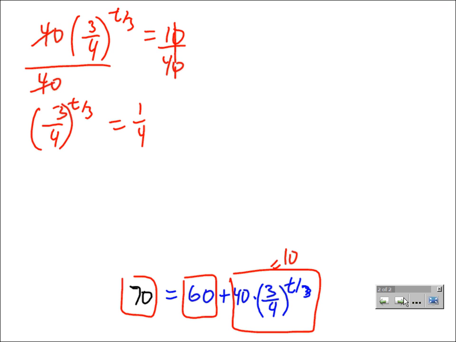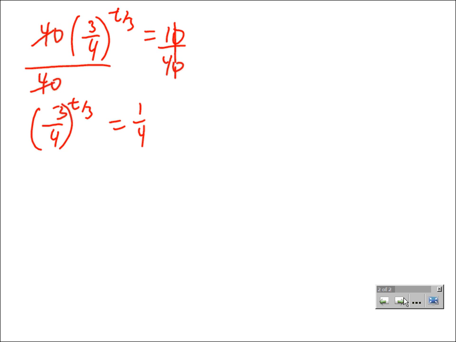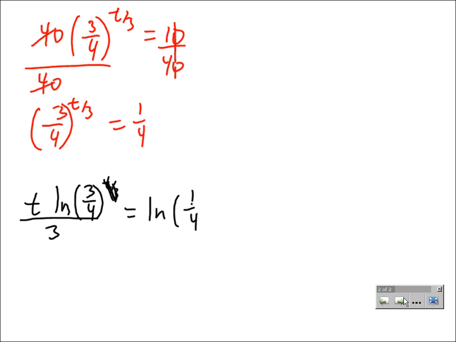Now this is the equation we want to solve. And since the unknown t is in the exponent, we're going to use logs. I'm going to take the natural log of the left side. And remember, the power can come down, and I take ln of the right side. Now, I just want t.